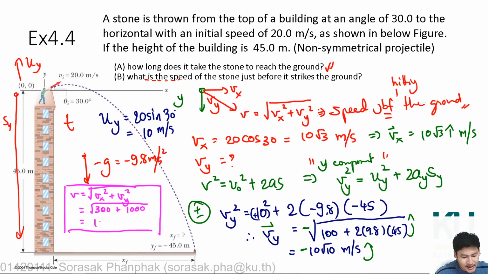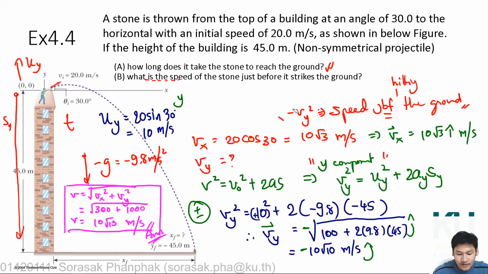So it's 10 root 13 meters per second from this calculation. So you got v as your final answer.